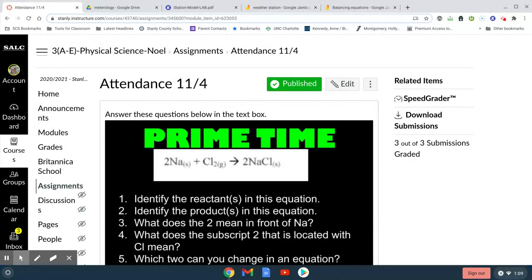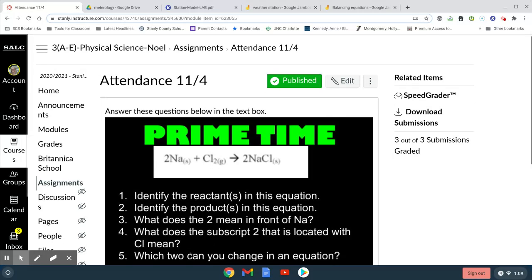So 2 chlorine atoms bonded together gives you chlorine gas. Which 2, meaning the number 2, can you change in an equation? It is the larger number 2. We call it the coefficient. It is the 2 in front of the sodium or the 2 in front of the sodium chloride. Those are the ones we're going to be looking at changing in today's lesson.